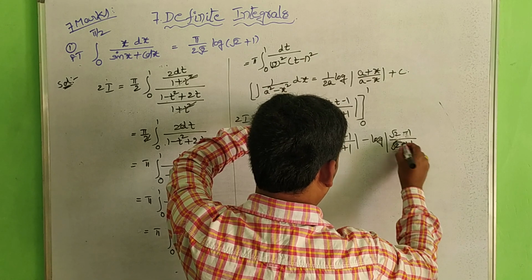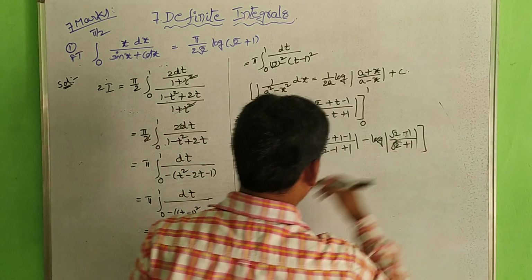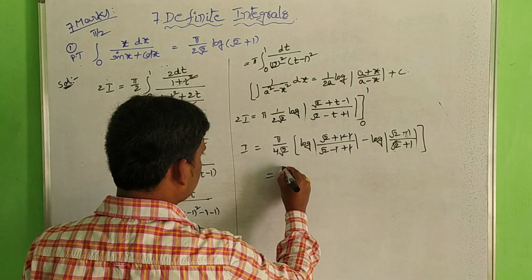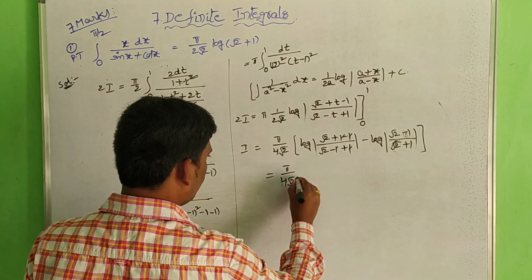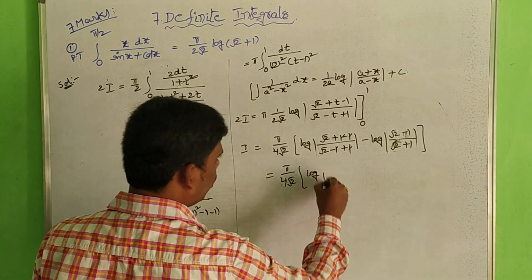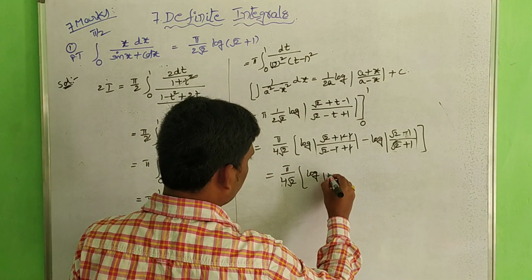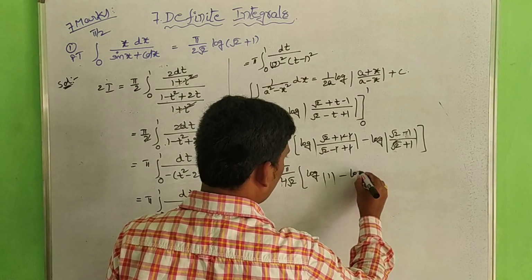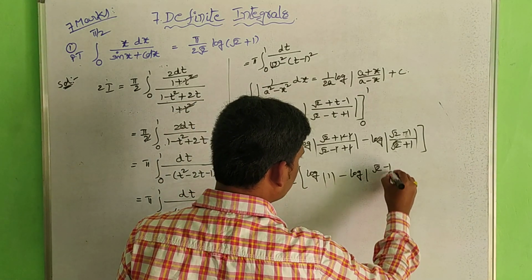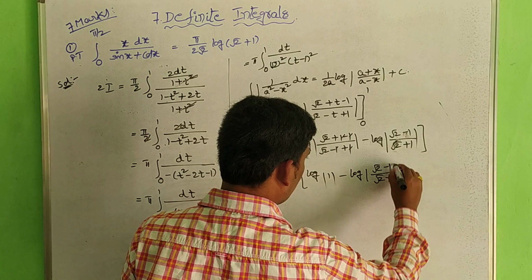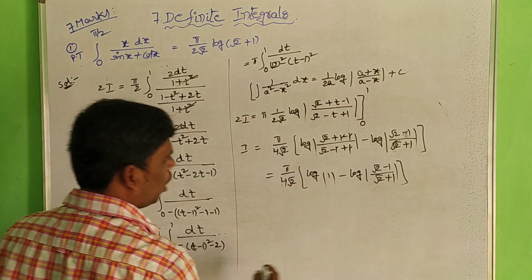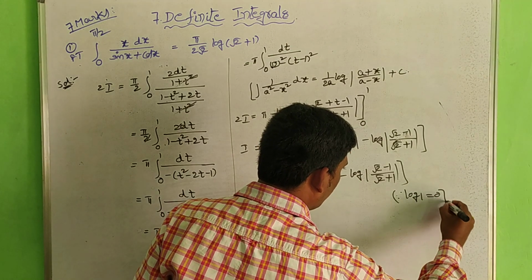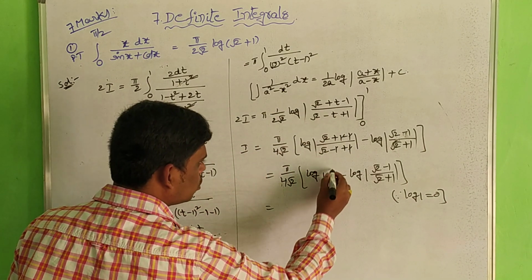Root 2 plus 1 minus 1 and root 2 minus 1 plus 1 cancel. That equals pi by 4 root 2 log of root 2 by root 2, which equals 1, minus log of root 2 minus 1 by root 2 plus 1. Log 1 equals 0, so this value is 0.